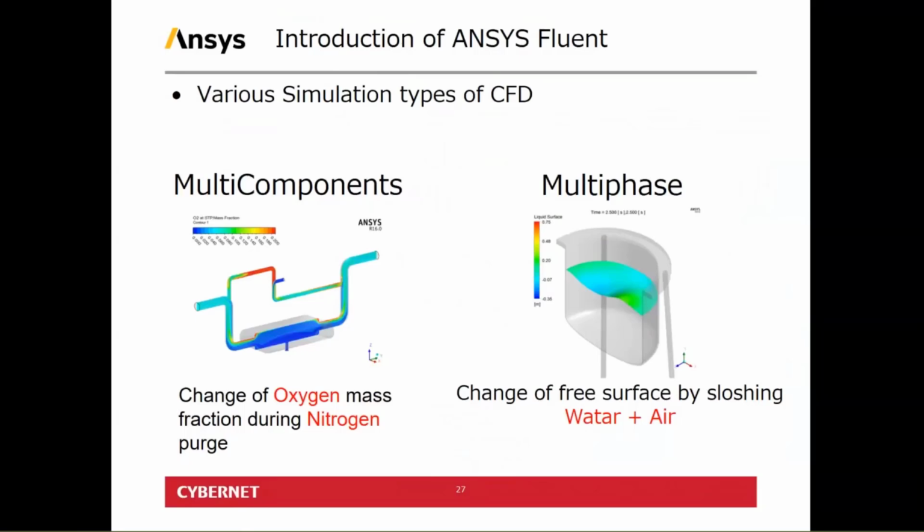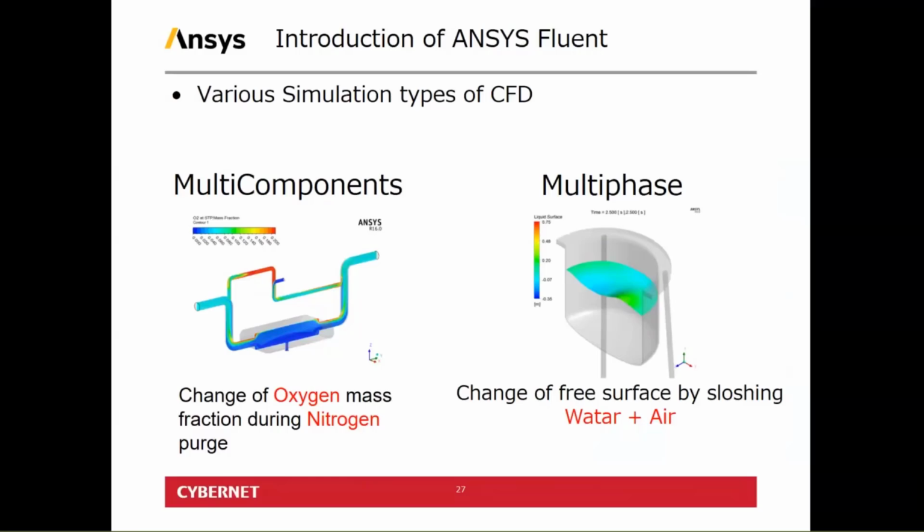Okay, this is about merge component flow and the merge phase flow. So this one is a merge component. Merge component flow means we consider different types of gases. In this example, I consider the change of the mass fraction of oxygen and nitrogen.